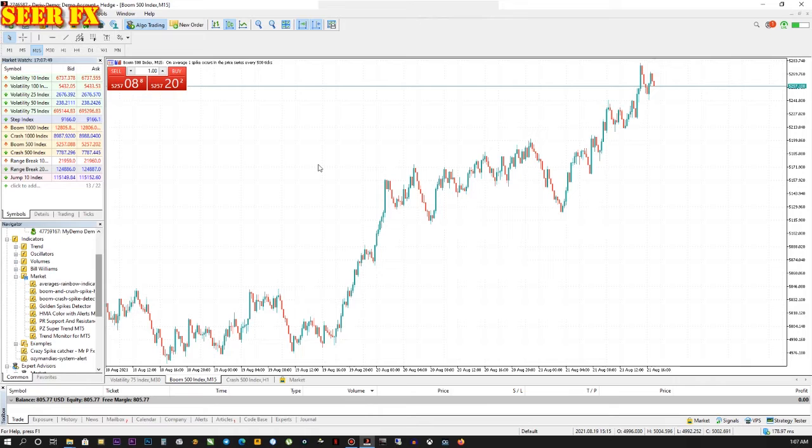So how do you know the type of indicator you're using? We have two major types of indicators. The first one is indicators that show trend. There are some indicators that only follow trends.